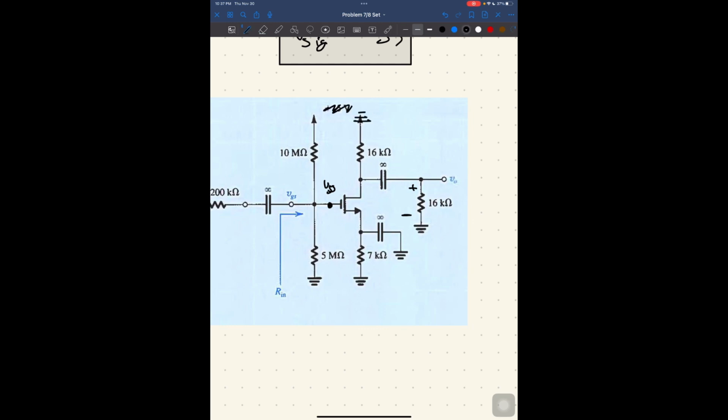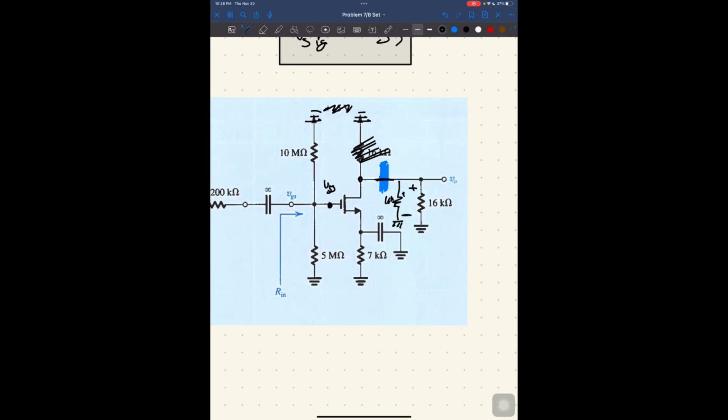I suppose an easy way is if I was able to take this resistor, 16 kilo ohms, and put it here. Is this not equivalent?